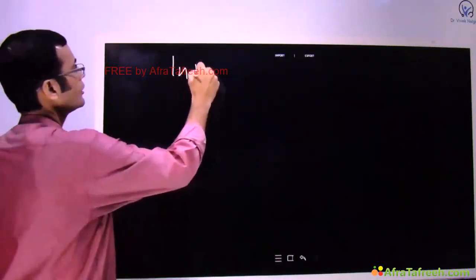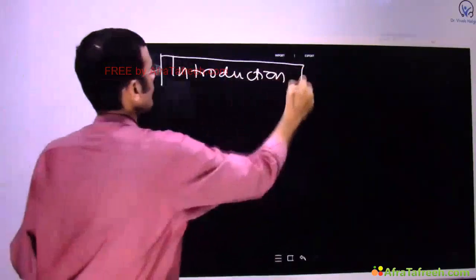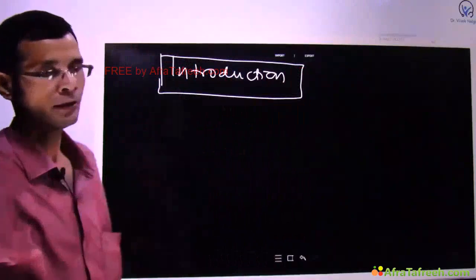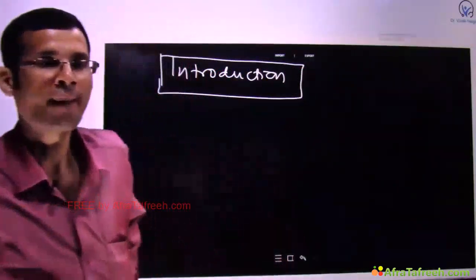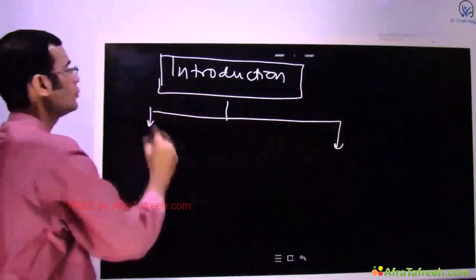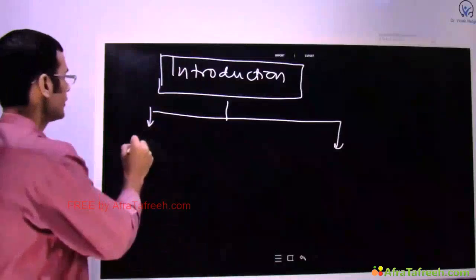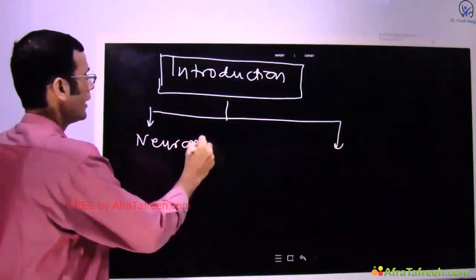Let us start with the first section, that's introduction, synapse and neurotransmitters. Now, first thing, the CNS has two types of cells, neurons and glia.